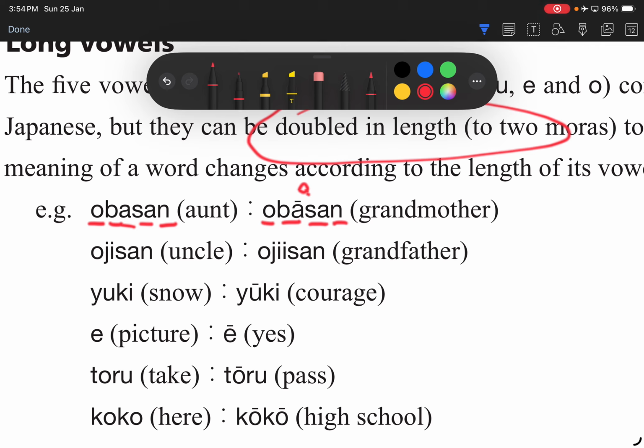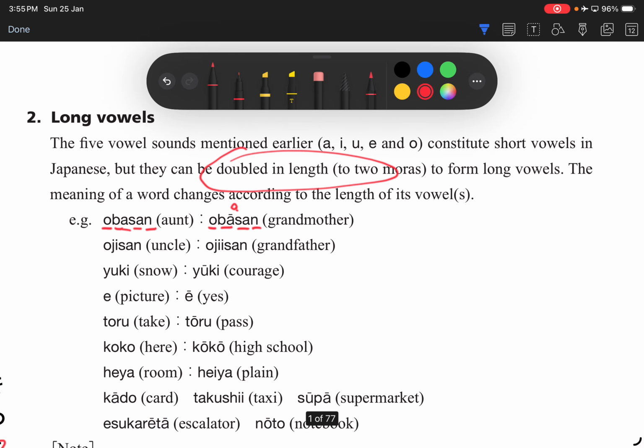The roof simply means long sound. This is how we write it in Romaji. If you want to write it in hiragana, this is oba-san, and this is obaa-san.